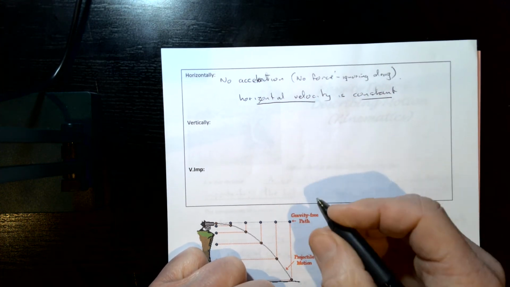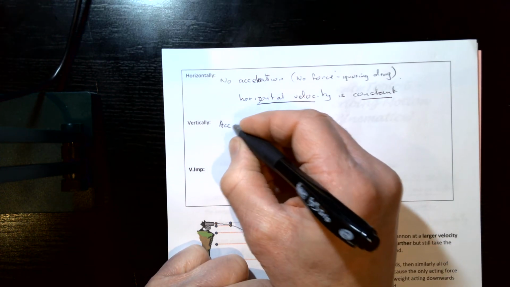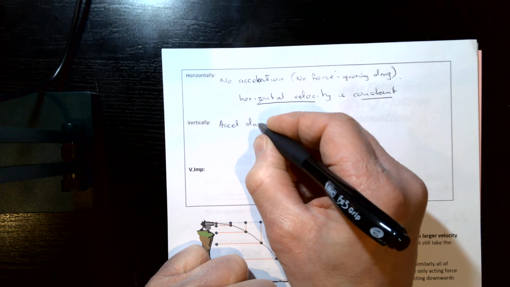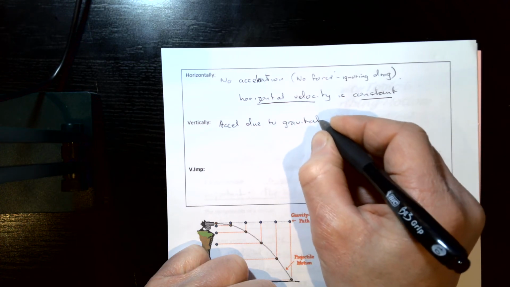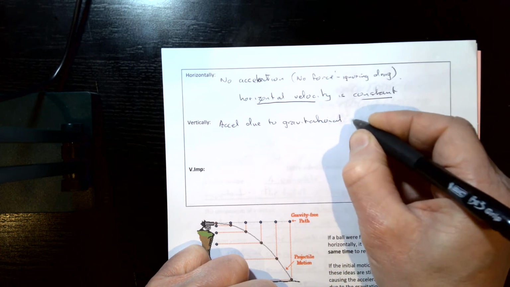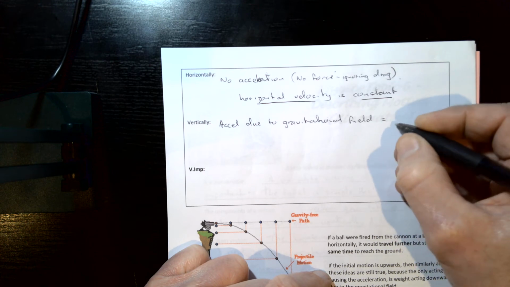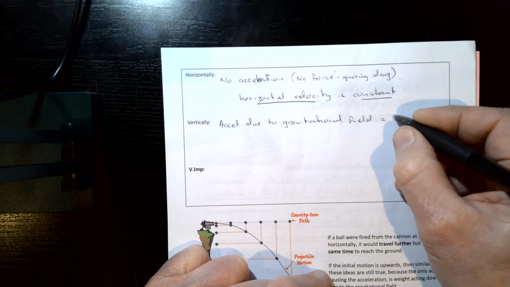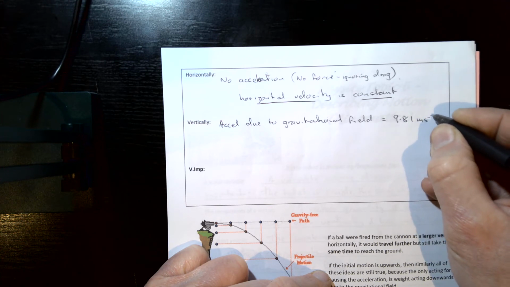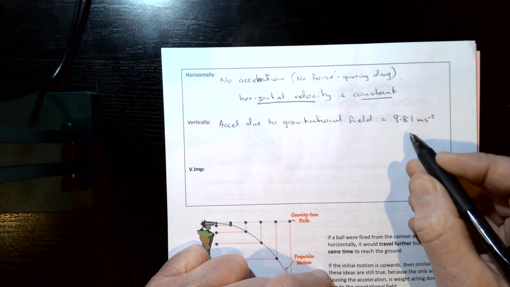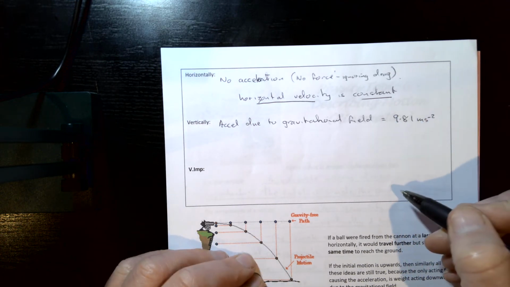Okay, whereas vertically, the acceleration due to gravity, or due to the gravitational field, equals, again it varies around the world, but for all our questions, equals 9.81 meters per second squared. Okay, so 9.81 newtons on every single kilogram will ensure that amount of acceleration.